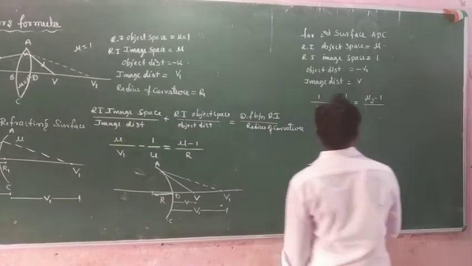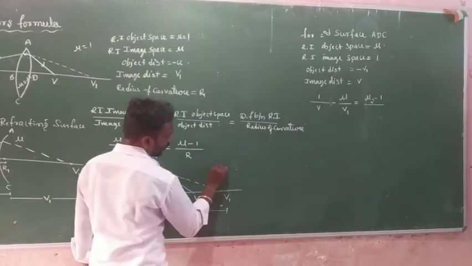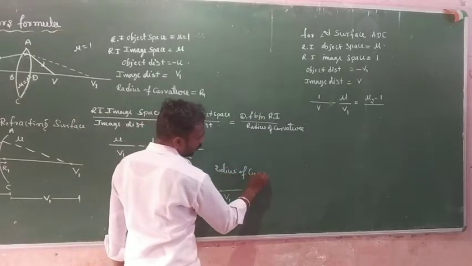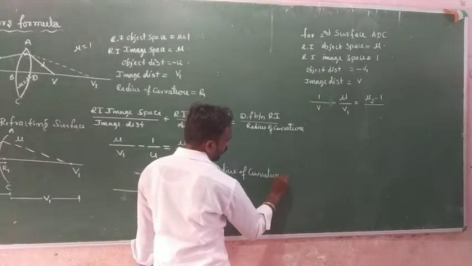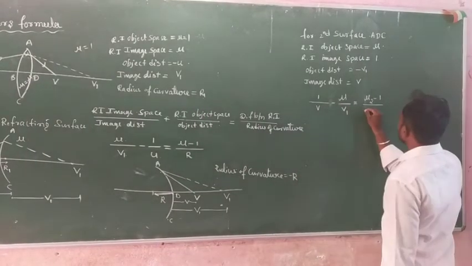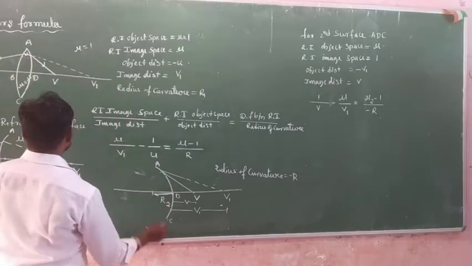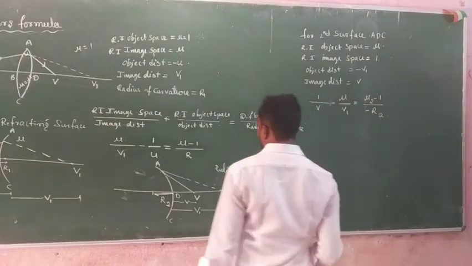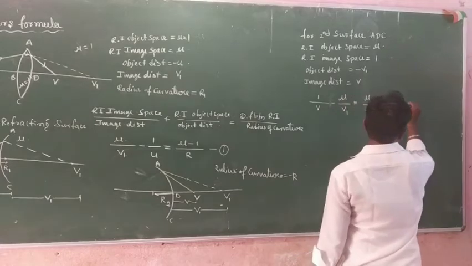So this one we consider r2, for the first surface is r1. Okay, so this equation is 1 and this one is equation 2.